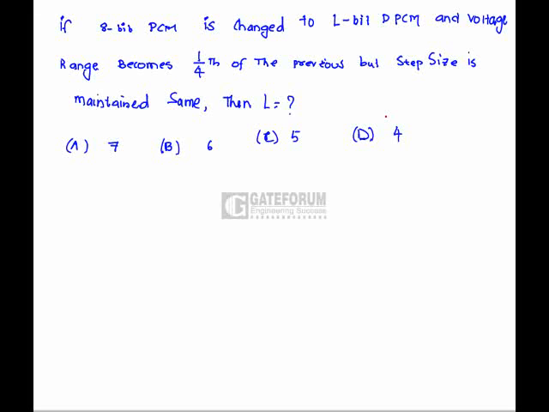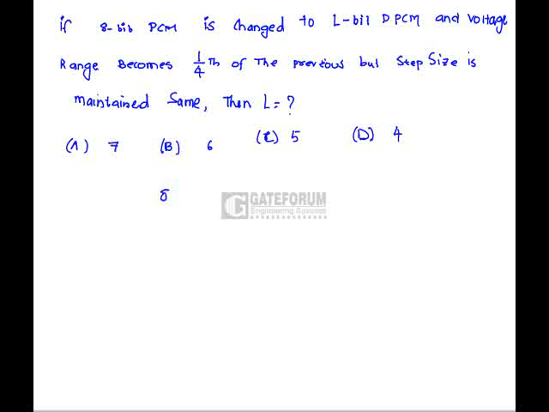If 8-bit PCM is changed to L-bit DPCM and voltage range becomes 1/4 of the previous but step size is maintained same, then L is. Here in case of both PCM as well as DPCM, the step size equation is same.